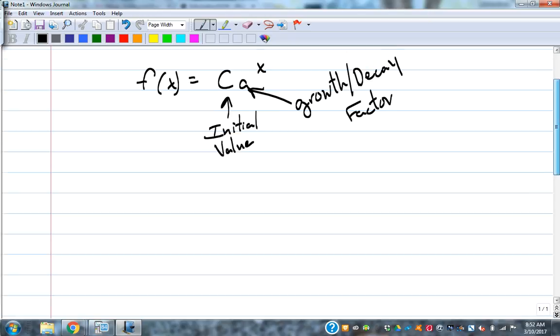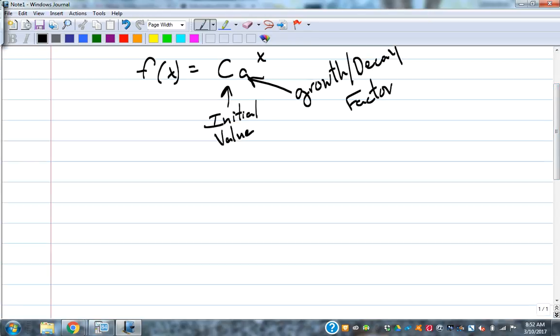So one of the things that we need to be able to do is recognize exponential growth. And so we're going to play this game: is the set of ordered pairs exponential?